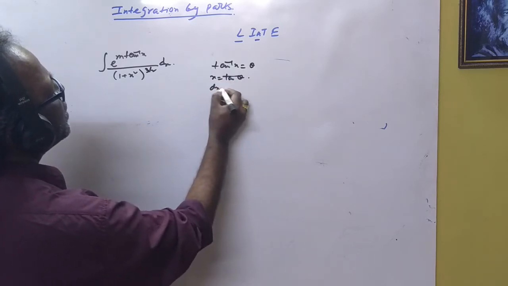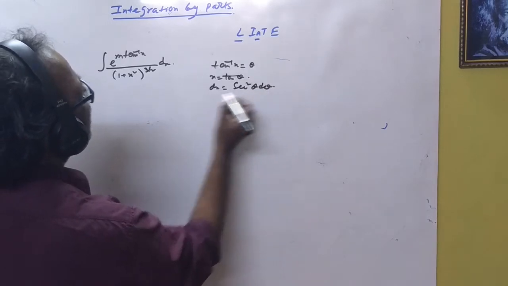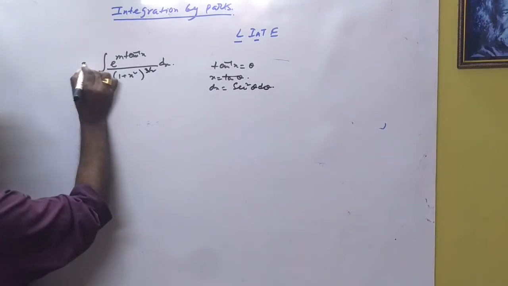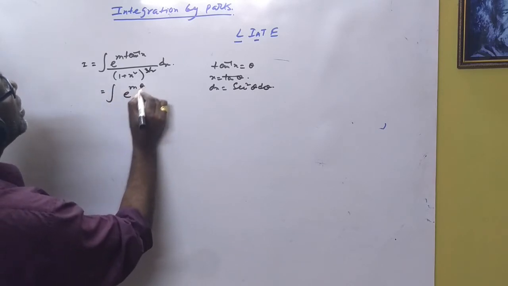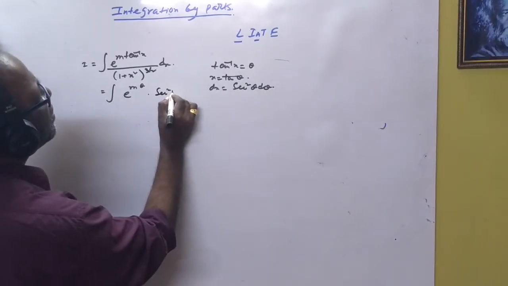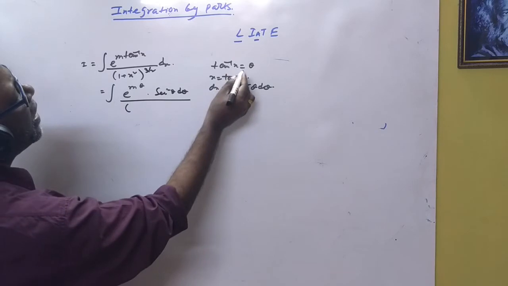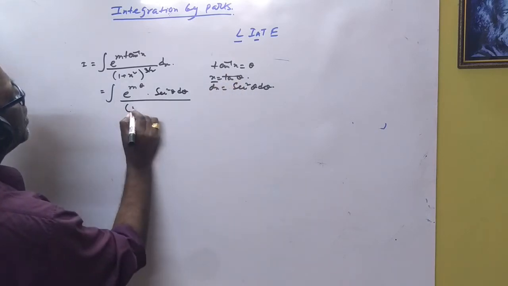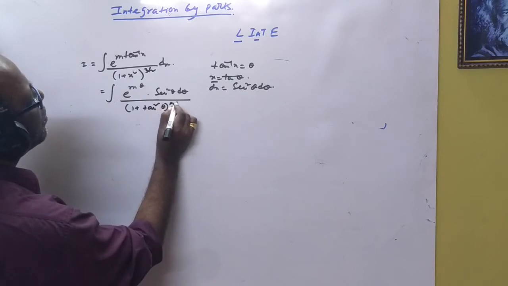So differentiate this, dx equal to sec square theta d theta here. Now as I represent I, integration e to the power m theta, and dx is sec square theta d theta, divided by 1 plus x, x means tan theta, so we can write 1 plus tan square theta whole to the power 3 by 2.